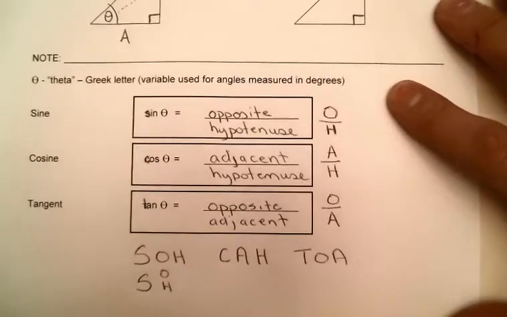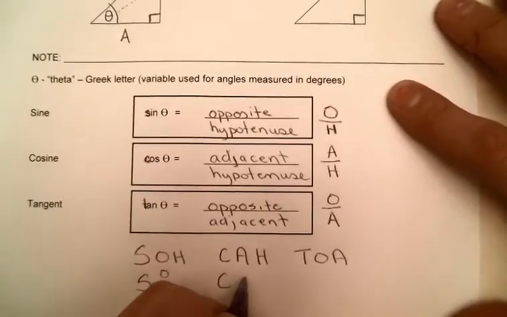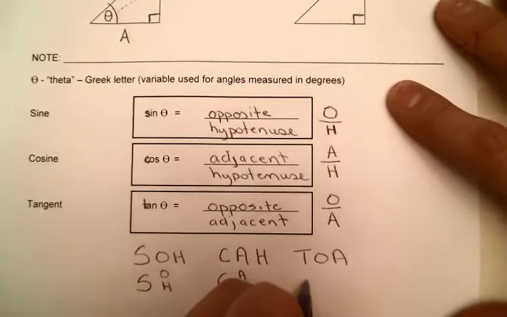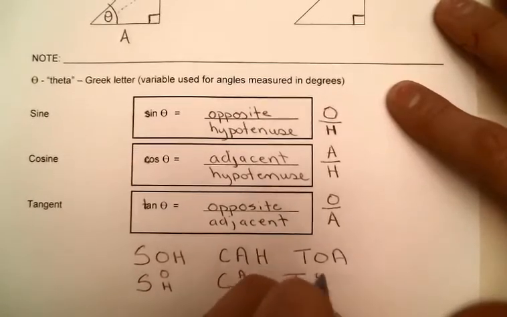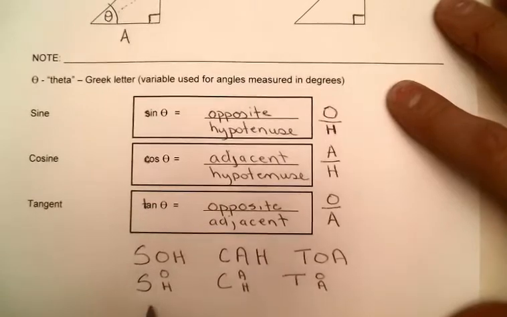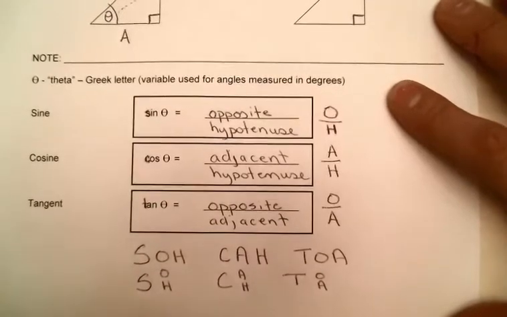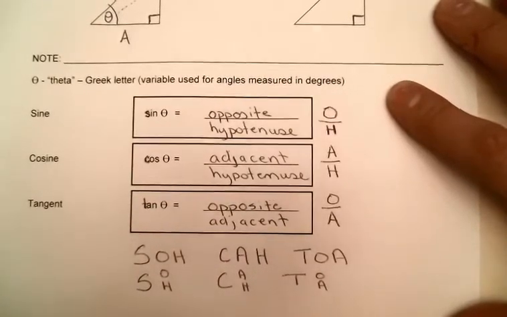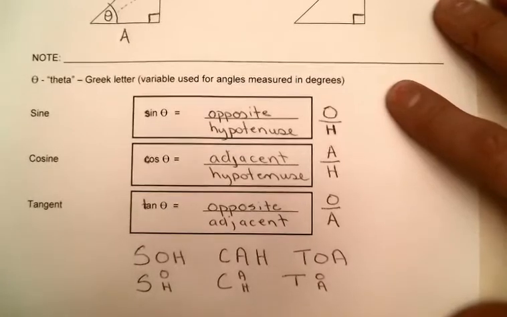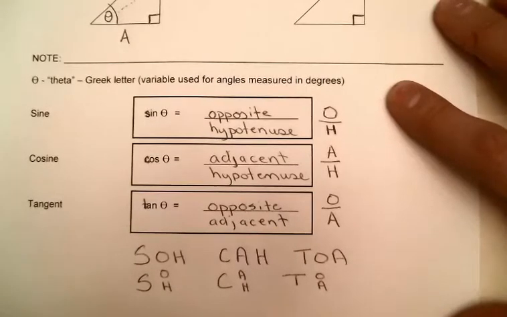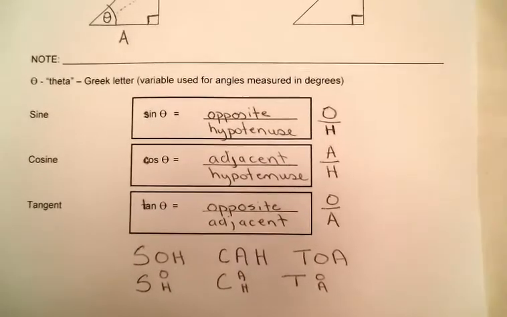So I write it like that. The cosine is the adjacent over the hypotenuse, and the tan is the opposite over the adjacent. SOHCAHTOA. That's what we say. We say SOHCAHTOA. And it just helps us remember these three critical trigonometric ratios.